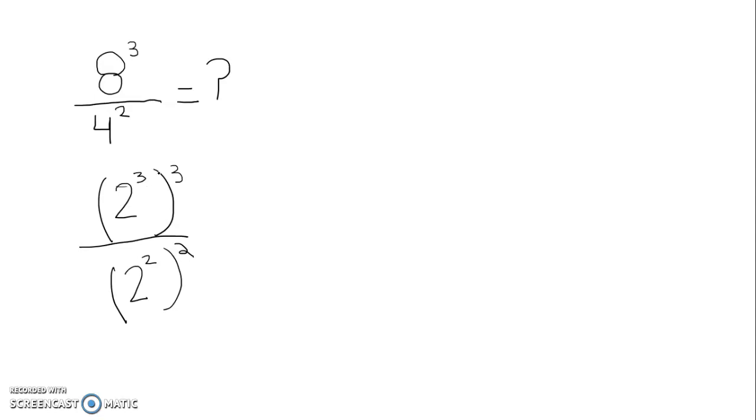Now, as we know that if you have a base and then 2 exponents, then you can basically keep the base and multiply the exponents. So the numerator is equivalent to 2 to the 9th power divided by 2 to the 4th power. Now, as we know, if you have division and you have the same base and different exponents, then you can just keep the base and subtract the exponents.